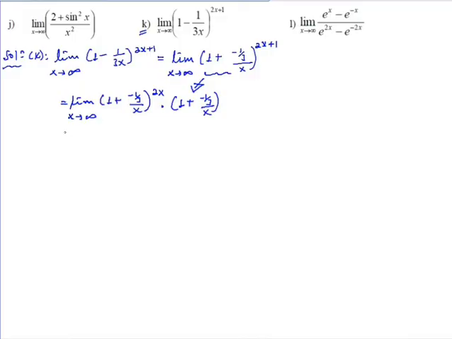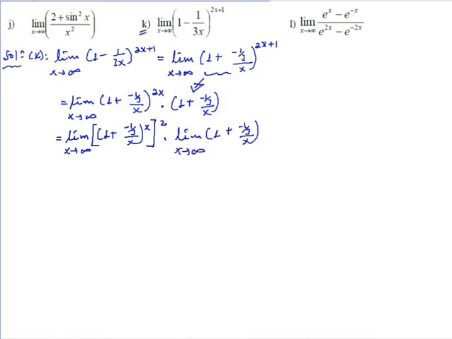So we can now calculate the limit separately. This can be written as the limit of 1 plus minus 1 over 3 over x to the power of x, the whole squared, as x approaches infinity, times the limit of 1 plus minus 1 over 3 over x as x approaches infinity.